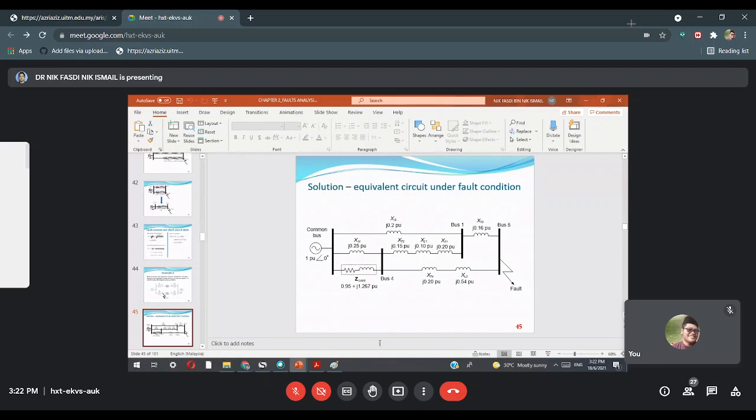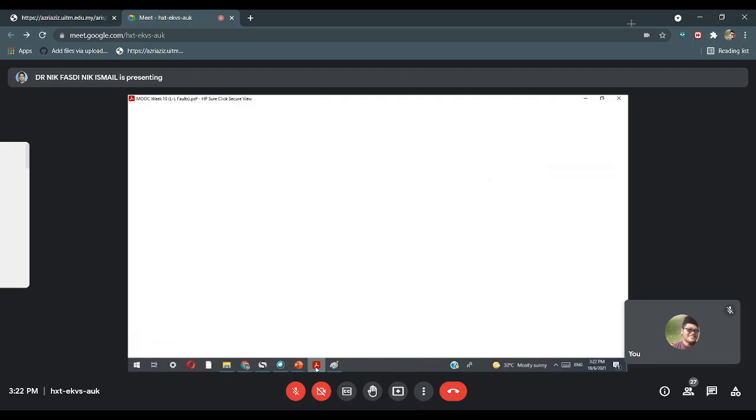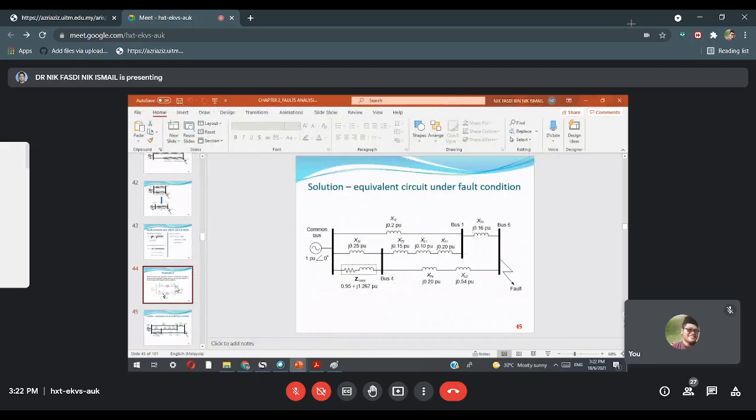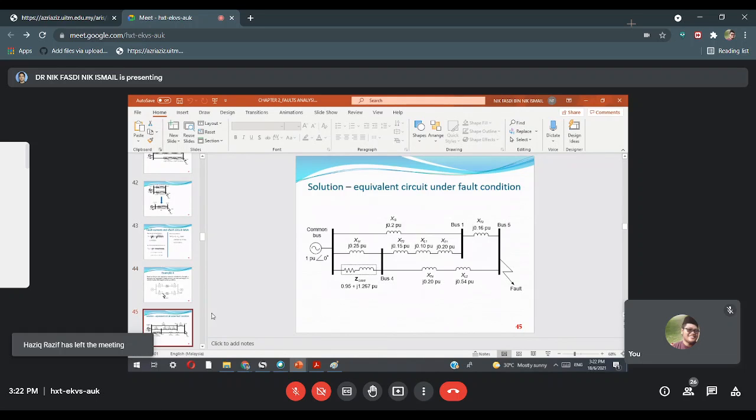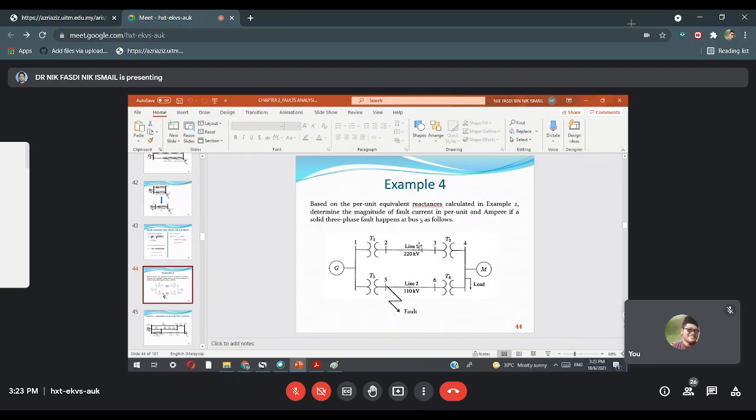But for the components at bus 1, after bus 1 there is T1, line 1 to T2 and connected to bus number 4. So there will be a bus number 4 in the middle between the common bus and bus 1. This component between bus 4 and bus 1 is not directly connected to the common bus. If you look here, it isn't connected directly here. It is connected between bus 1 and bus 4.